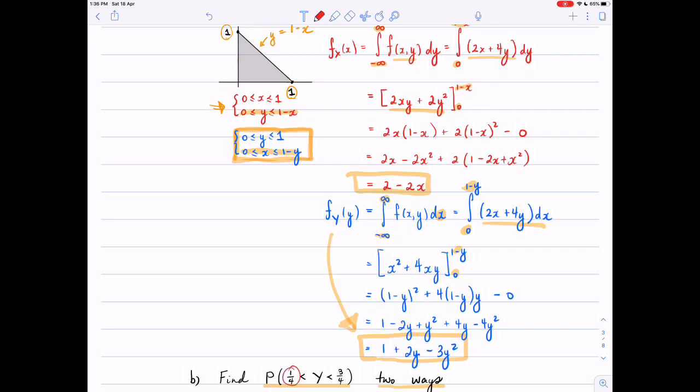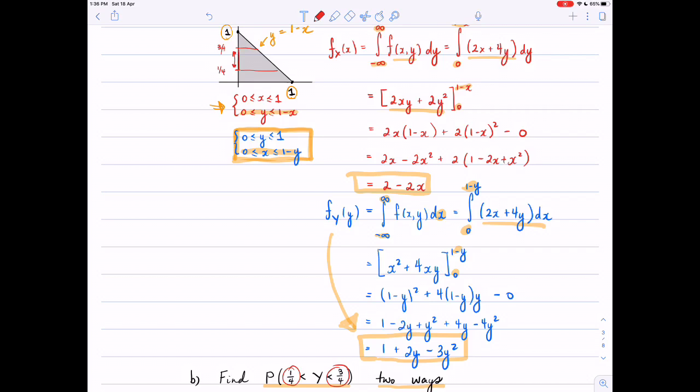If I want 1/4 is less than y is less than 3/4, if I went back to my region, and I said 1/4 and 3/4 here, and I wanted y in that interval, right? If I wanted all the y's in that interval, well, that corresponds to part of the support.